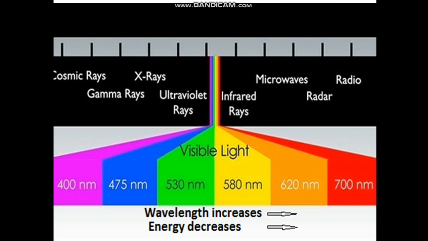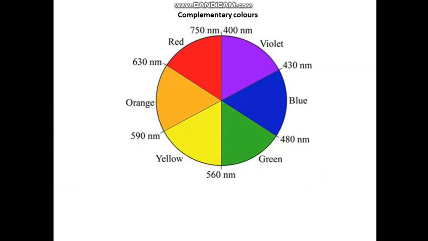Only the complementary color will be visible. To make you understand about the complementary colors, I have shown a complementary wheel here. If the solution is absorbing red color, then it will be observed as green color. The tree leaves are observed as green color, but they are not absorbing the green color, they are absorbing the red color radiation.